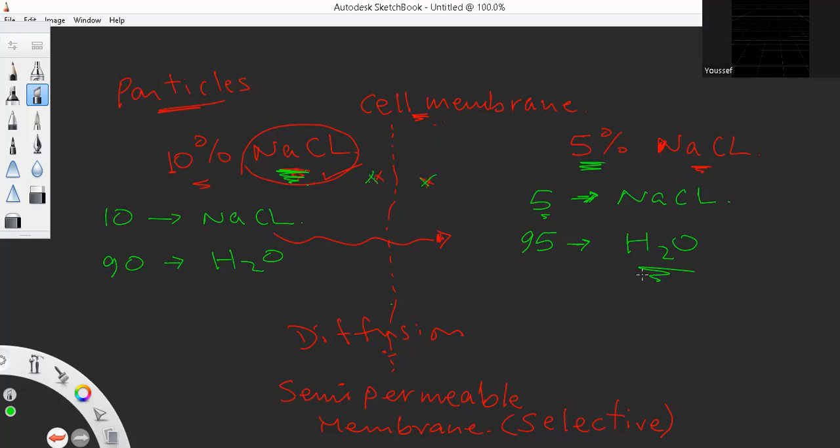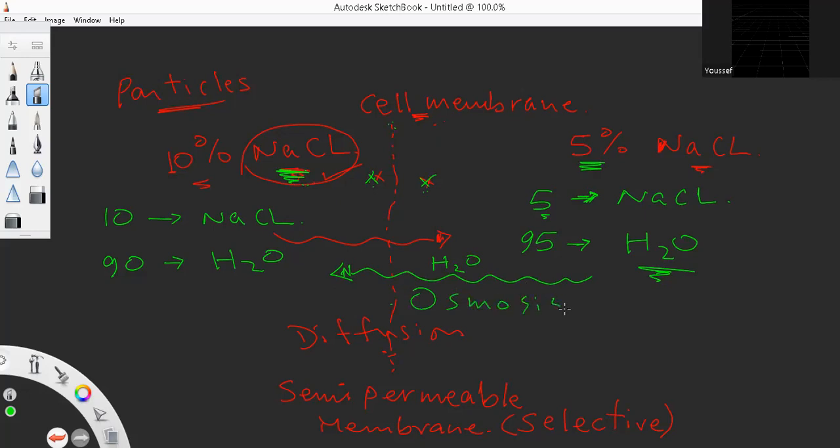So if this membrane cannot pass the sodium chloride molecules, to equalize the concentration on both sides, the water will move from high concentration to low concentration. This transport of water is called osmosis.